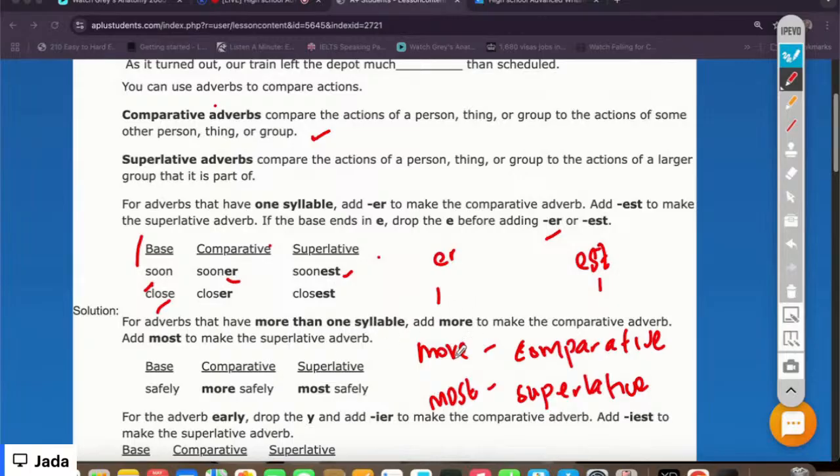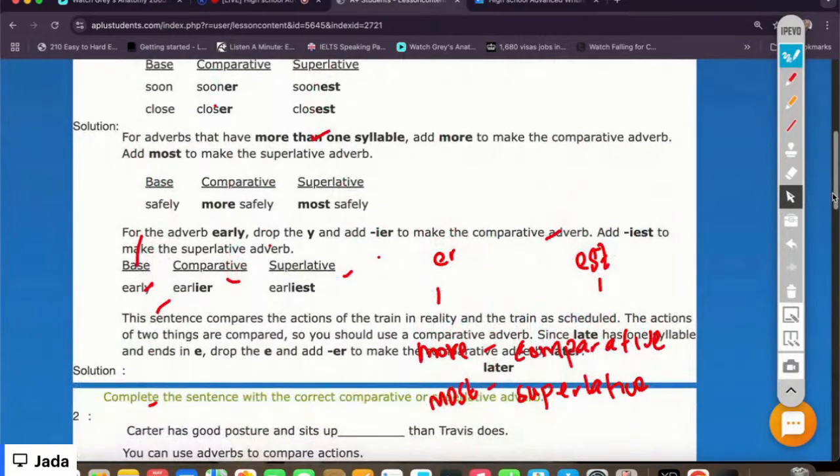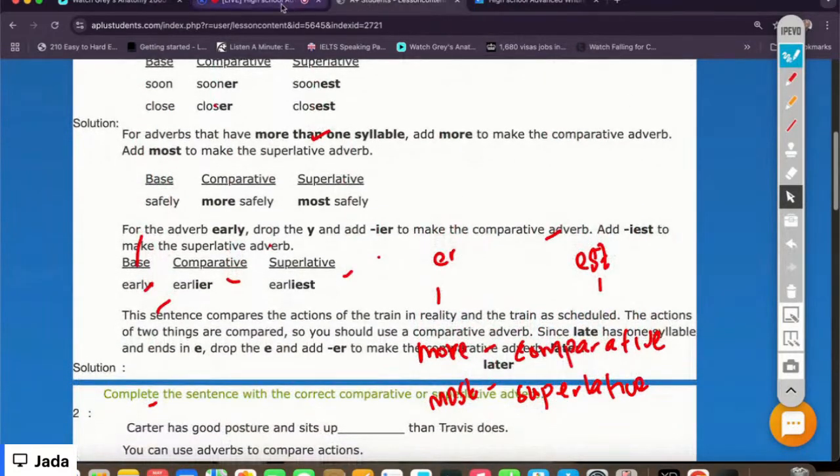So you're adding more for the comparative and most for the superlative. Just like we have safely, and then we have more safely and most safely. That is for the adverbs that have more than one syllable. Okay? So if it has more than one syllable, that's what you do.